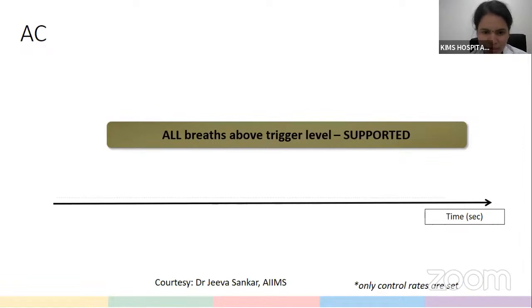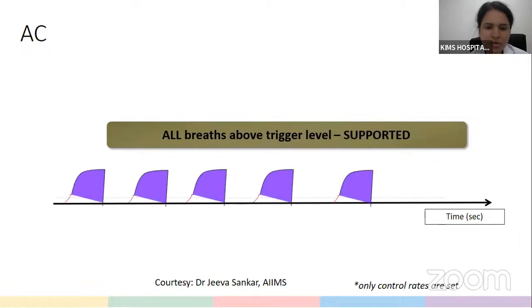So we come back to the same diagram. The baby has initiated these many breaths, and you can see that all the breaths are supported by the ventilator. This particular breath, which the patient initiated, was not supported by the ventilator because, I hope you're able to see, this effort is below the trigger threshold of the ventilator.